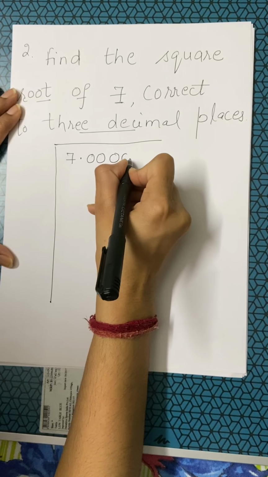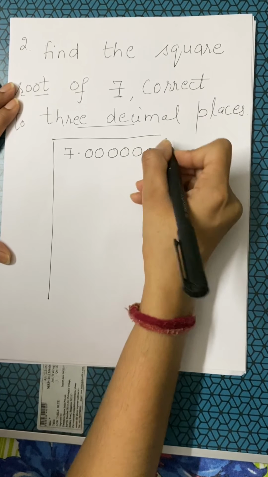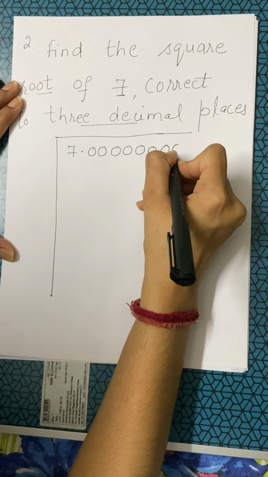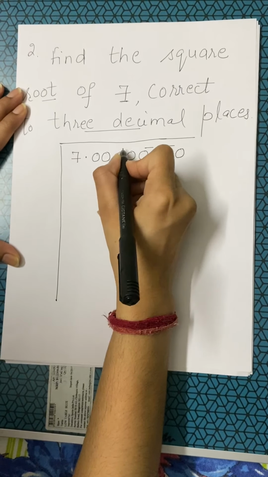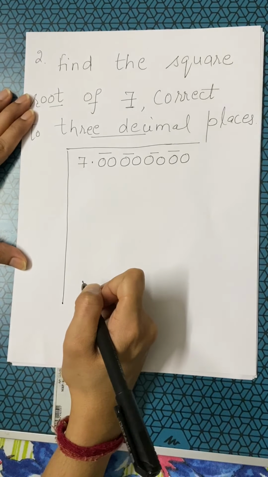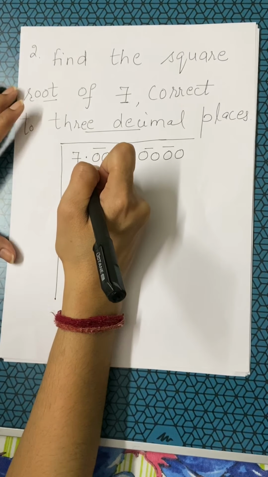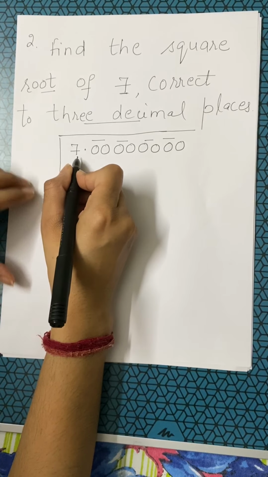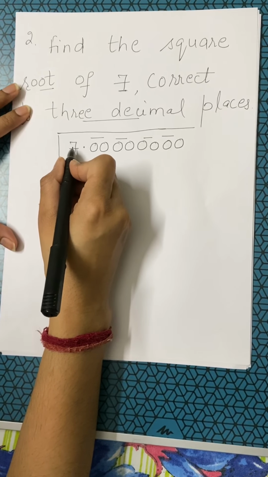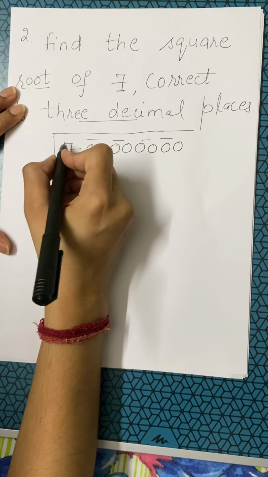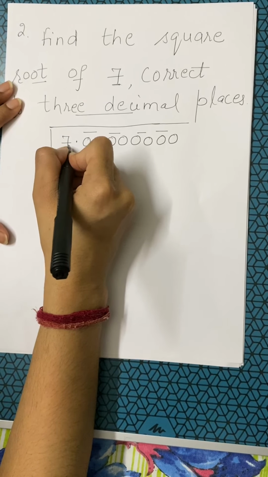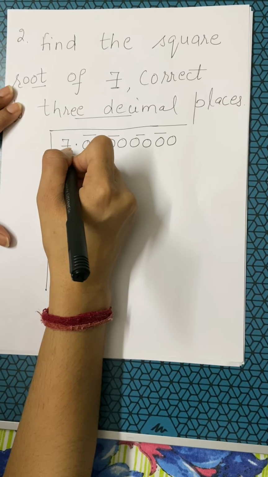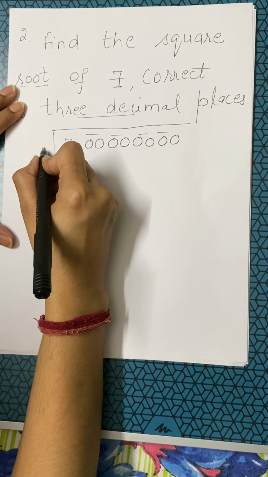We have to keep in mind that the zeros we are putting here should be in pairs. Let's start with this because we will be finding an approximate number here. 7 is not a perfect square, so the square root will always come out approximate. The nearest perfect square close to 7 is 2 times 2.